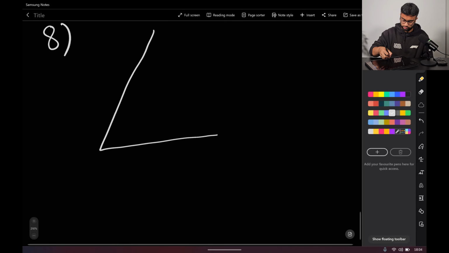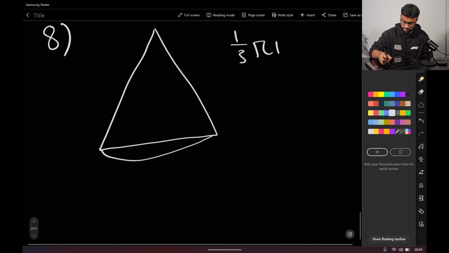For question 8, we're told to calculate the volume of a frustum given this radius and its height. So what we do for this is we'd get the volume of the entire cone, which is given by 1 over 3 pi r squared multiplied by h, and we'd subtract the volume of the smaller cone that we're given, which we'd also work out with 1 over 3 pi r squared times h.